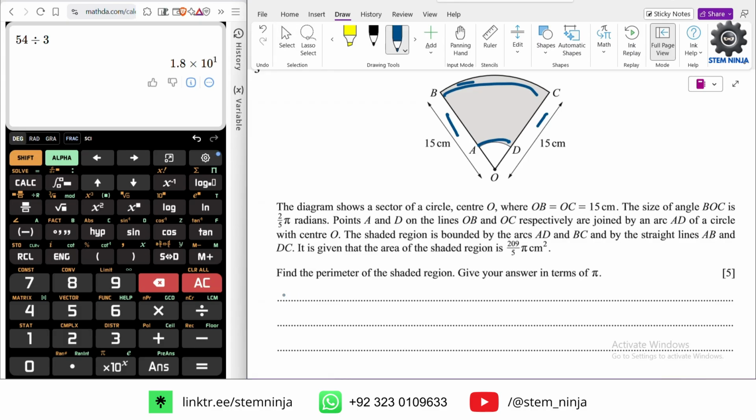We can find out the arc length BC first. This is going to be r theta, so 15 times 2 over 5 pi, so 6 pi centimeter. We don't know AD yet, but we can figure out the area of sector.